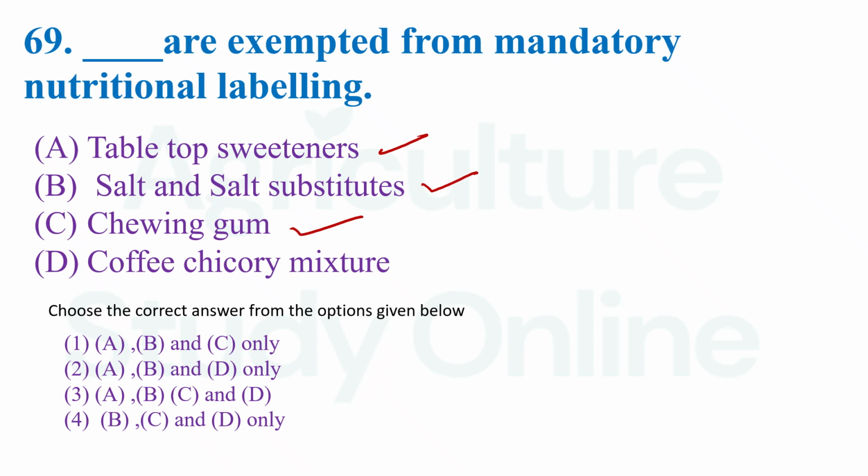So it's negligible, it is not having any nutritional value. So it is exempted. Coffee chicory mixture. So it's a simple product with minimal nutritional variations. So it is also exempted. So foods with negligible nutritional contributions, they are exempted from the mandatory labeling. So correct option will be all, that is A, B, C, D. Option number 3 is correct option.